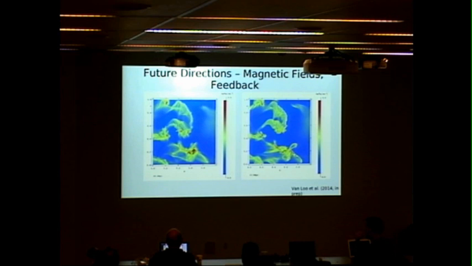And we're currently working with Roman on starting a run with feedback included. So hopefully with these three cases, we can determine what role each of these processes play in determining filament structure and dynamics. And I think I'll end there.